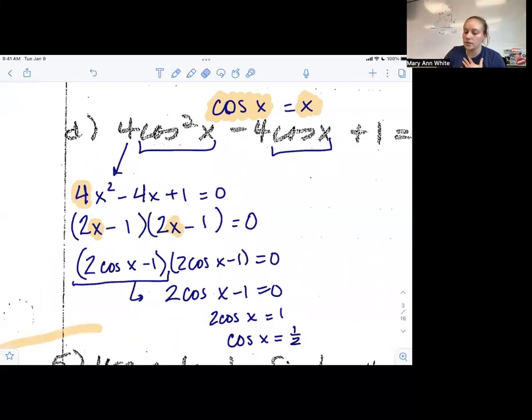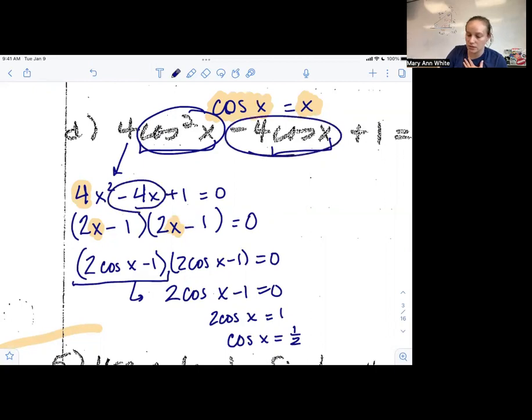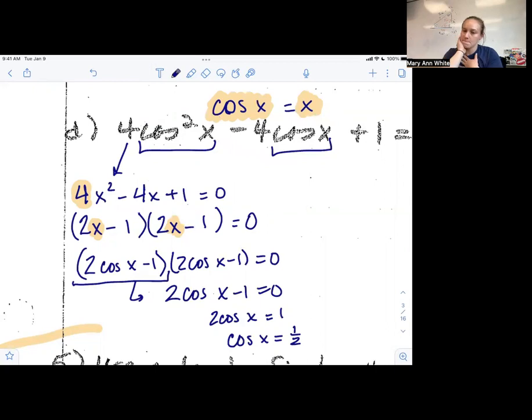Restart. Cosine is what I replaced this as. That's why this became cosine squared. Right here. And that's why I replaced cosine x with just x. So this becomes negative 4x. Okay. I apologize. That was confusing, but we're good here now.